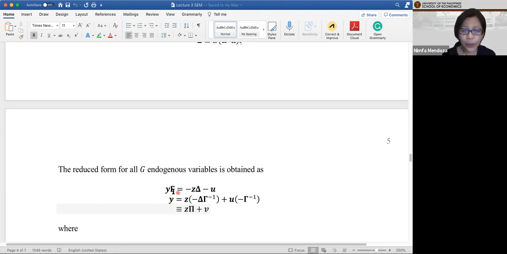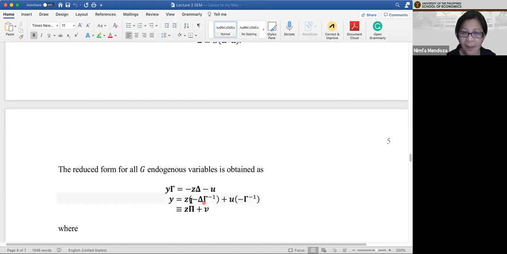Be careful, the order of multiplication matters. If you post multiply the left-hand side here with gamma inverse, then you just get Y. But you have to post multiply each of these terms by gamma inverse. So I have gamma inverse here. This minus sign I just put in here.